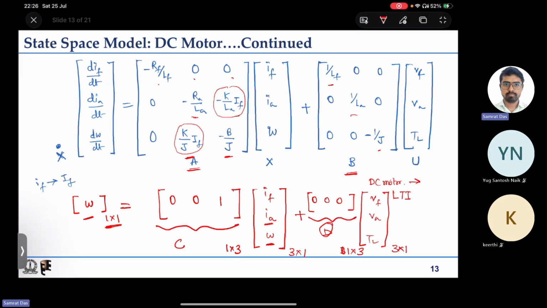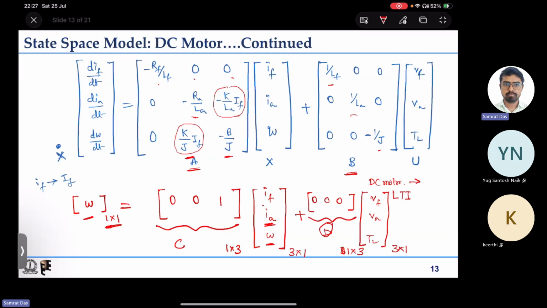For most cases the desired output will only be some of the states. It can be one state or multiple states. In this case also we could always take ia as another output, because anyway we want to control the armature current in order to control the speed.